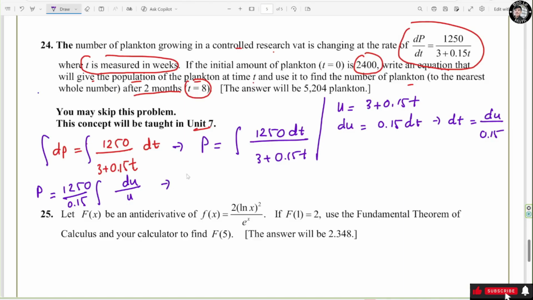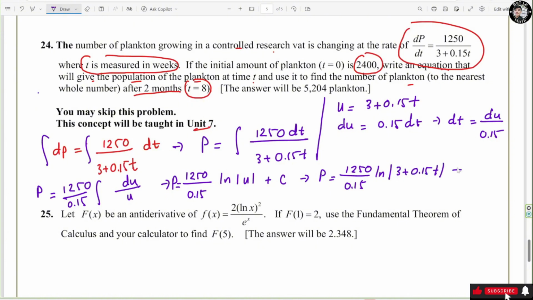So it's going to be 1250 divided by 0.15 ln absolute value of u plus C. But u is equal to this one, right? So I have P equals 1250 over 0.15 ln absolute value of 3 plus 0.15t plus C.